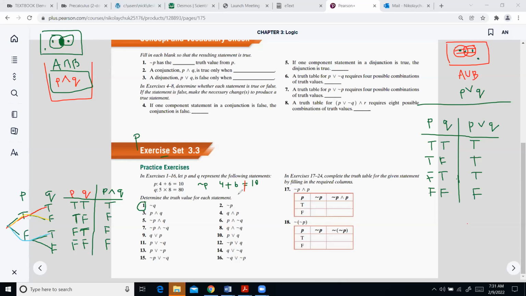Well, 4 plus 6 is 10, so that's false. Actually, I was doing exercise number 2, sorry, not exercise number 1. So not P means we're negating the fact that 4 and 6 added give you 10. But it is not correct, it's false, because 4 plus 6 is indeed 10. And that's all it is.